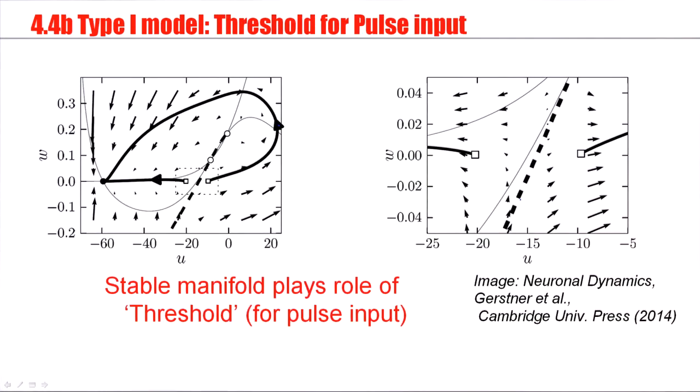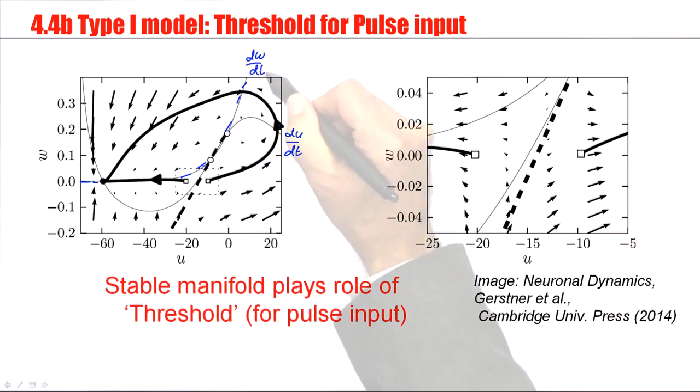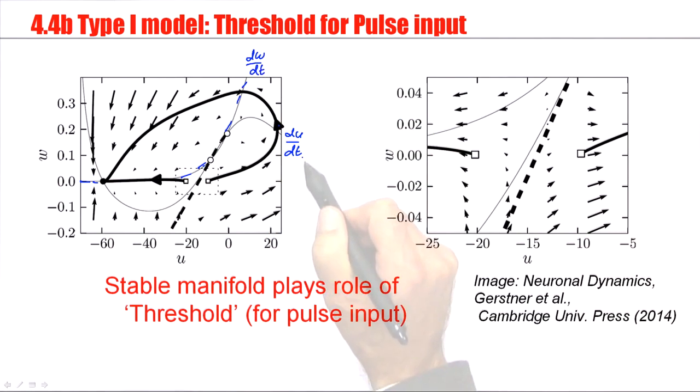Now here's a situation coming from a real simulated model. Here is my U-null line. The dashed blue line is the W-null line. Here is my dU/dt, the U-null line.